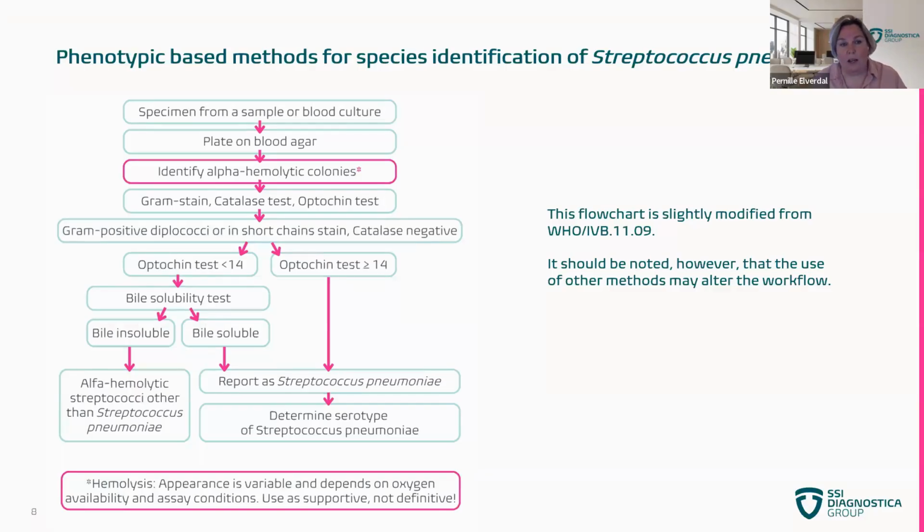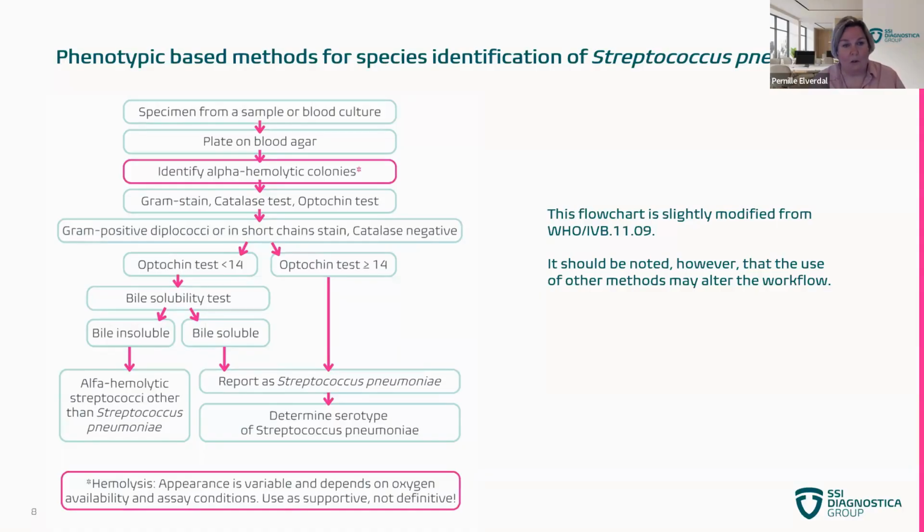So you will first take your isolate, put it out on a blood agar plate, where you will identify the alpha hemolytic colonies, which is one of the criteria for a pneumococcus bacteria. Then you will do gram staining, catalase test, and Antigen test. The first thing is if you look at the gram staining, it has to be a gram-positive Diplococcus or short chains of pneumococcus bacteria, and it has to be catalase negative.